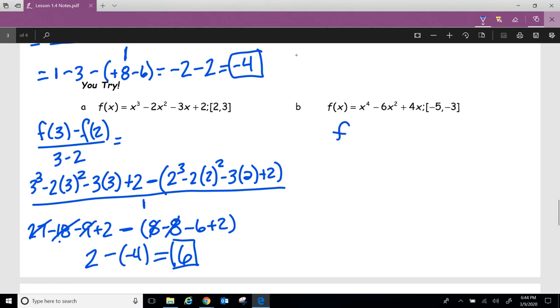So we've got f of negative 3 minus f of negative 5 all over negative 3 minus a negative 5, is going to become positive 5.